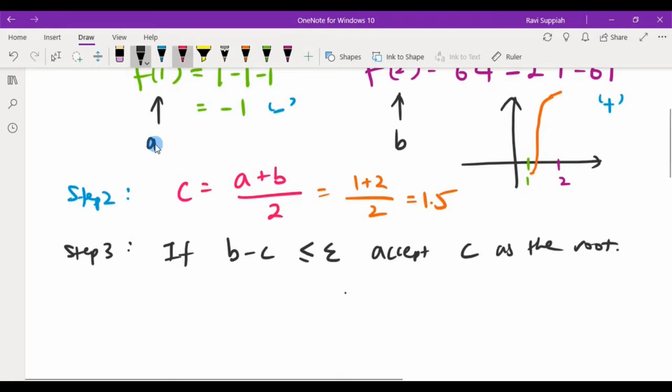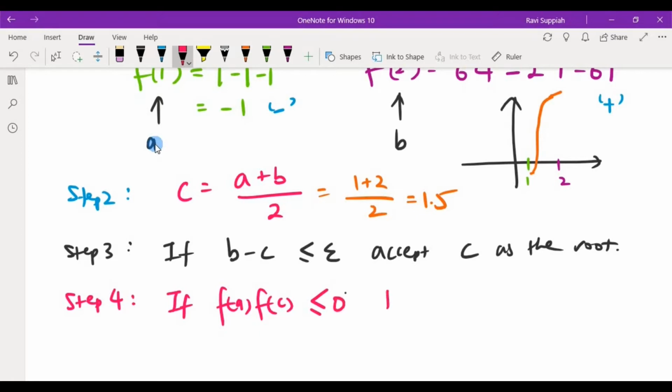If that is not yet the case, that means we still haven't reached the error tolerance that we can accept, so we need to do one more step, which is to check if f of a multiplied by f of c is less than or equal to 0.